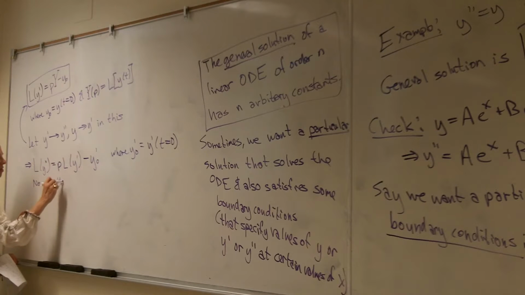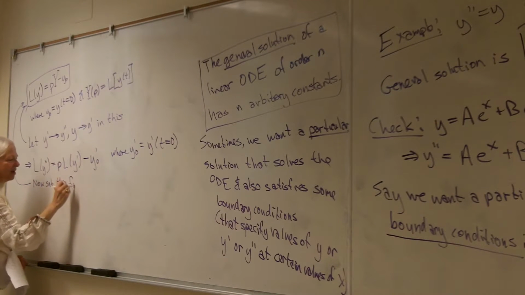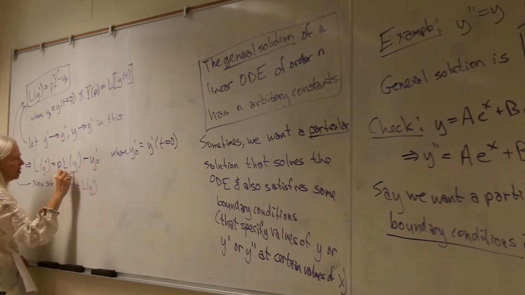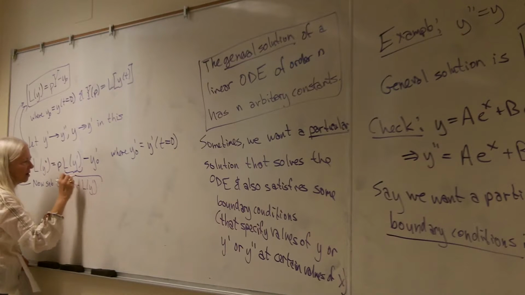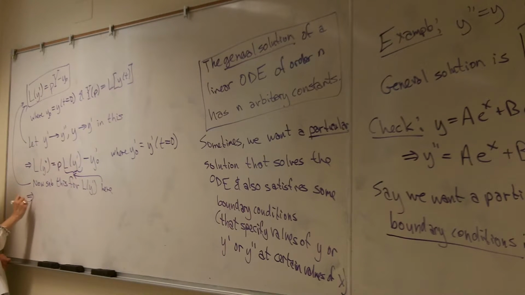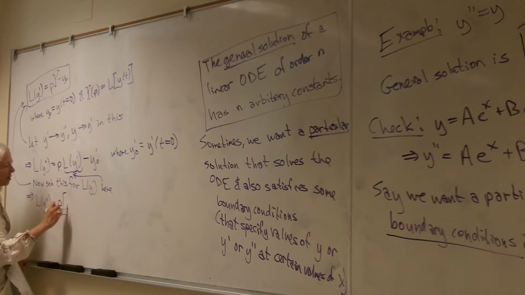Now we can substitute this same expression right here for y single prime right here. So the Laplace transform of y double prime is now p times the quantity. And now for the Laplace transform of y prime, I'm going to use this same equation again.